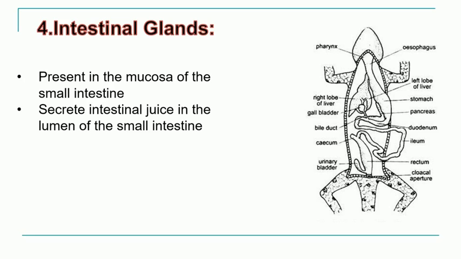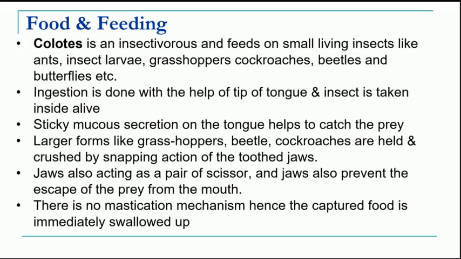Now we move to the next part, that is food and feeding and digestion process in Calotes. Let us first study the food and feeding of Calotes. So Calotes is basically an insectivorous animal, and it feeds on small living insects like ants, insect larvae, grasshopper, cockroaches, beetles and butterflies or even other insects.